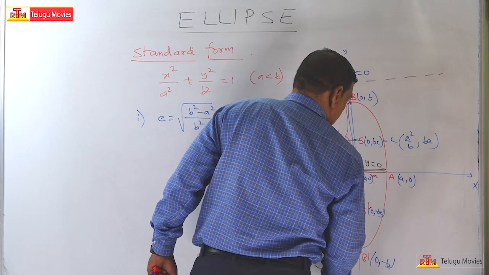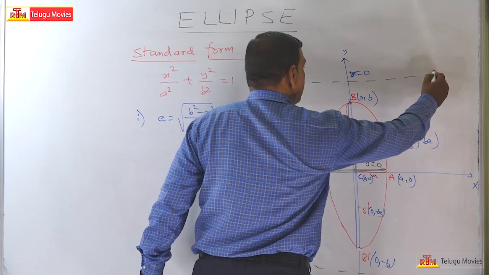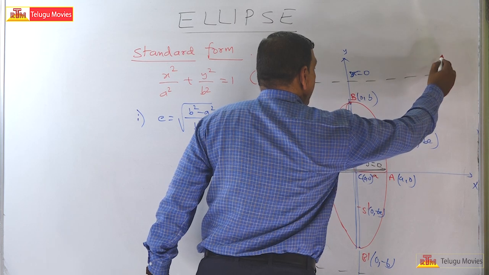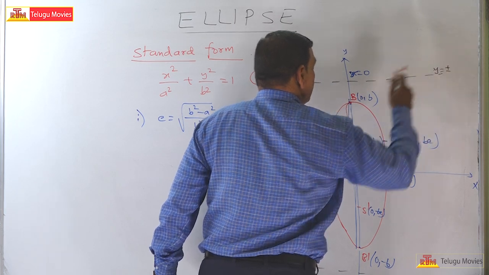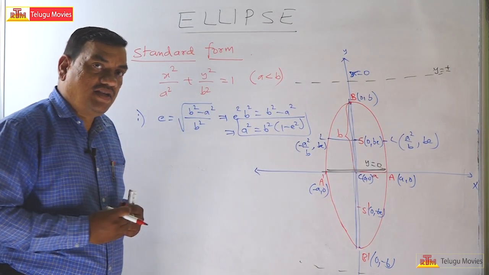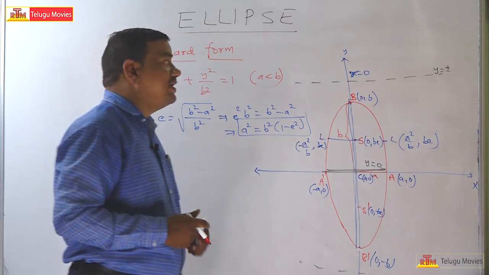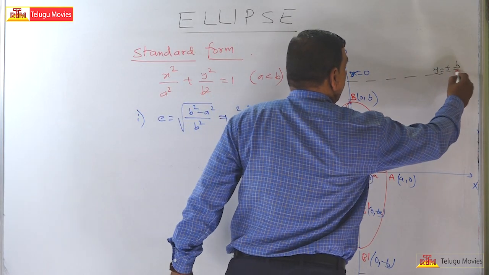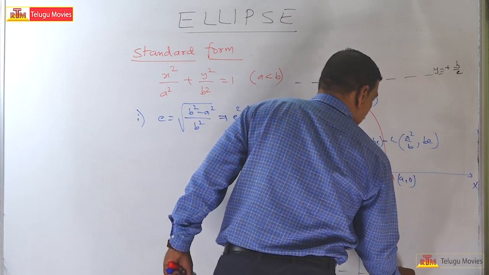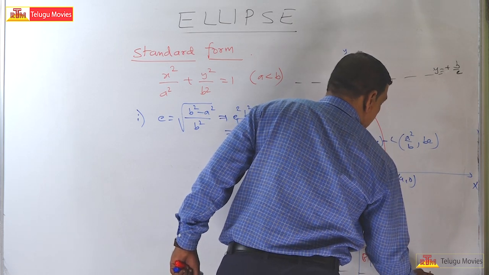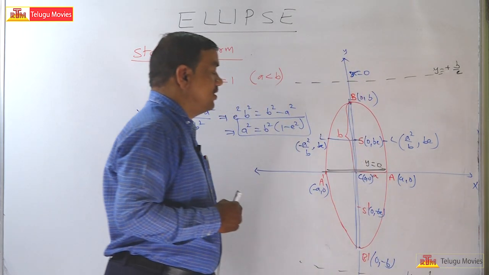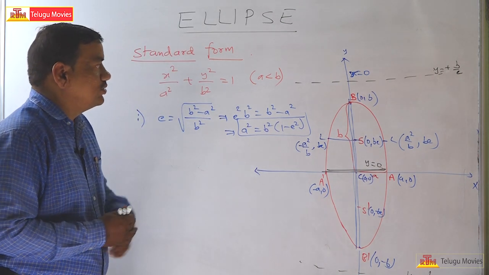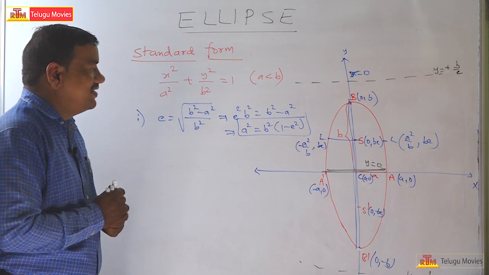This is a directrix, and this is also a directrix. The directrix is y equals plus or minus b by e, in place of a by e in the previous case. So y equals b by e and y equals minus b by e. Those are the equations of the directrix.